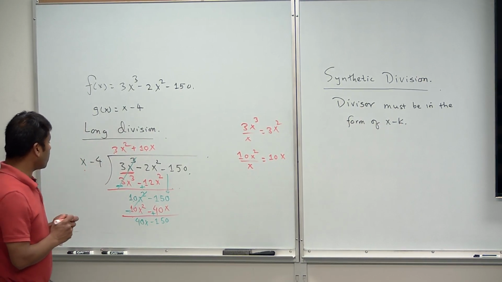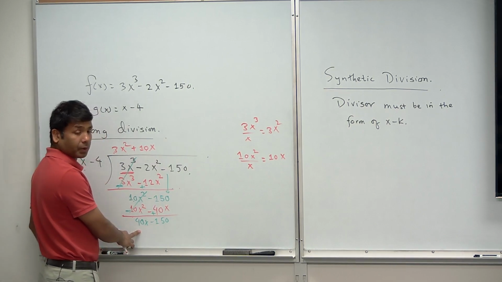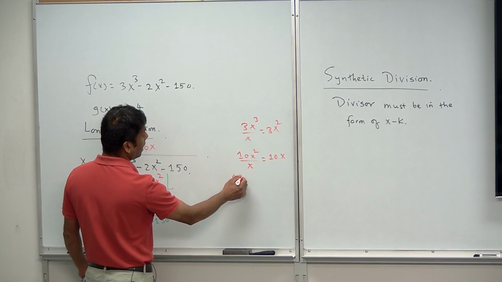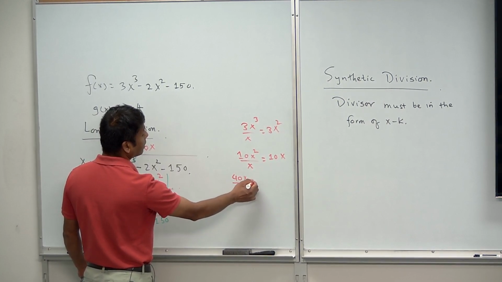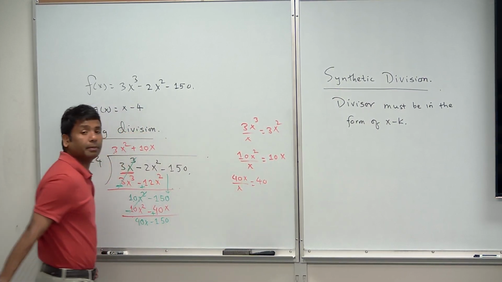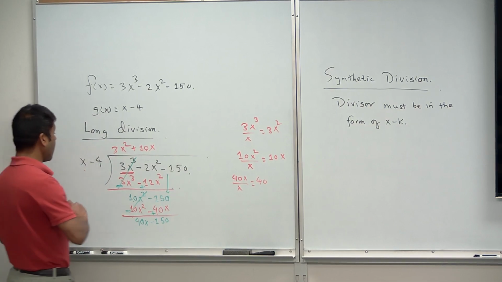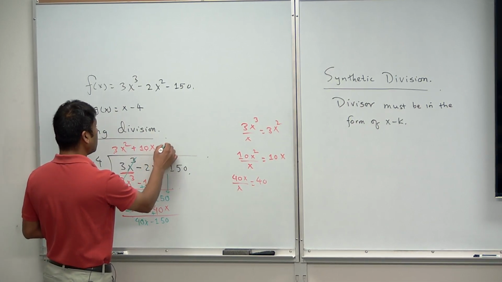Now, repeat the same process. This is your new dividend, okay? So you have 40x over x. So you divide 40x by x, so that will be 40. Right? So now you have a plus 40 here.